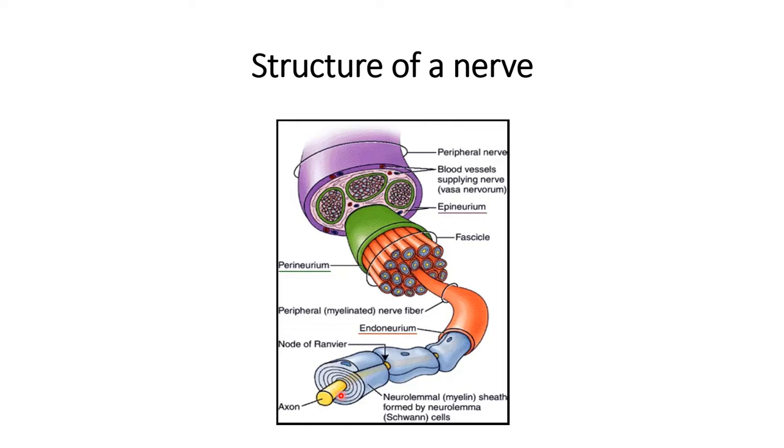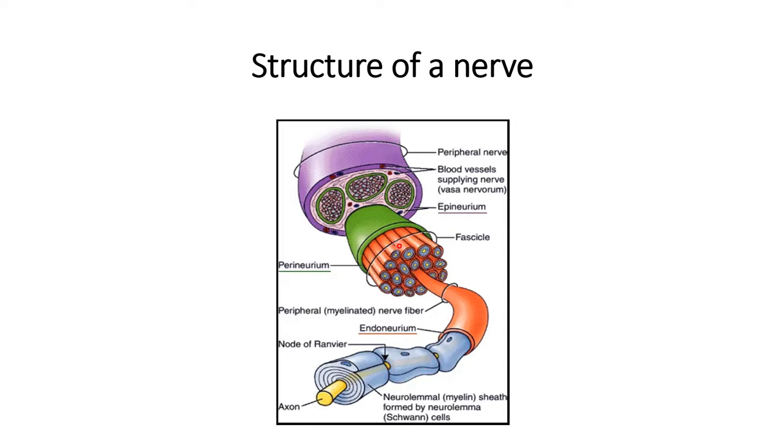So when it is covered with a myelin sheath, it is called a myelinated nerve fiber, whereas sometimes it is not covered or not fully covered, it will be referred to as unmyelinated axon. So this is the axon, which is covered by a number of layers called the neurolemma or the myelin sheath. It means it is a myelinated nerve fiber. You can appreciate the nodes of Ranvier for electrical conduction.